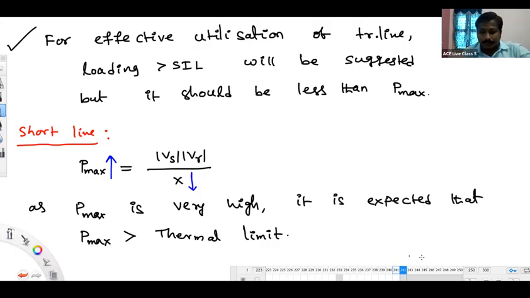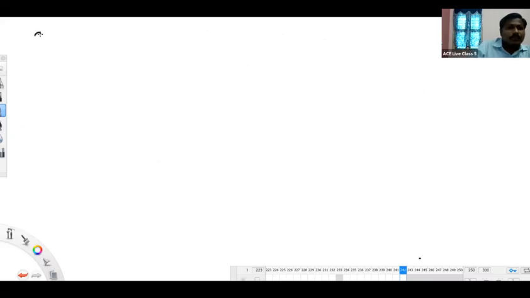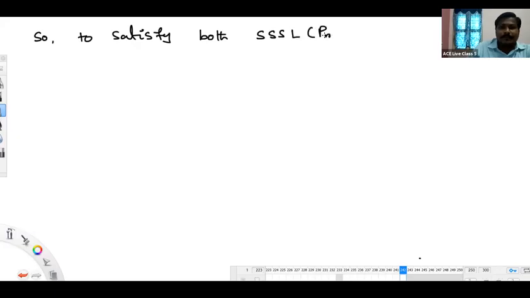So, to satisfy both the steady state stability limit, in brackets P maximum, and the thermal limit, it is necessary to keep the loading.